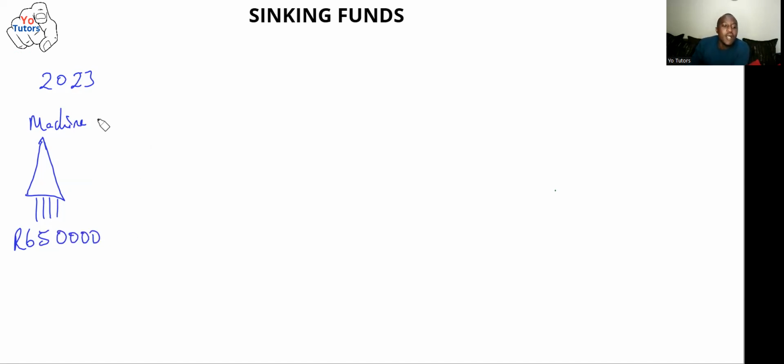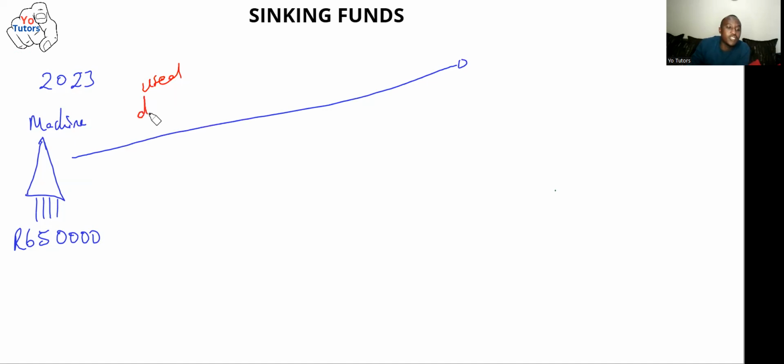What happens is that this machine, when it's bought, is going to be used, and if it is used, it's going to depreciate in value. Depreciation means that the value decreases.